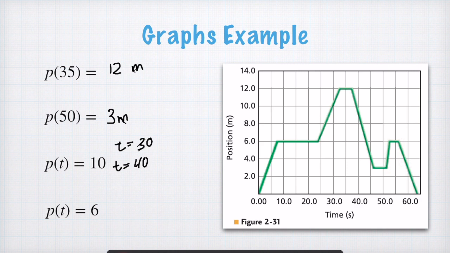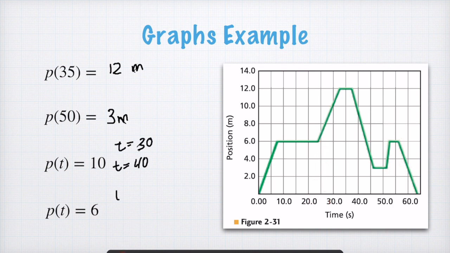What about this last one? What was the time when he was at a position of 6 meters into the store? Well, this one's kind of mean because we're going to go up to 6 and go over. We notice that it starts at about 7 seconds in and goes until almost 25 seconds.